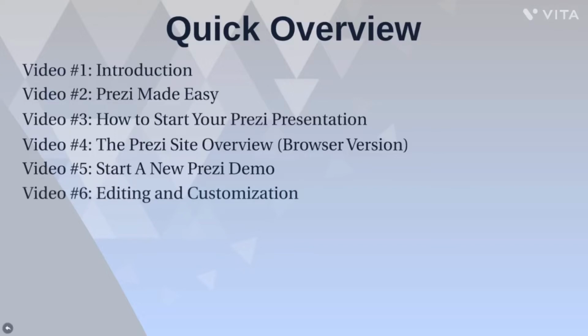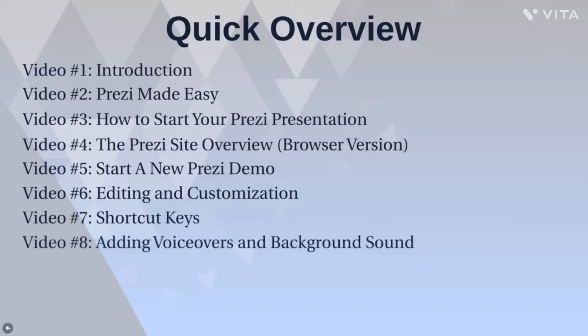And video number 6, we'll talk about editing and customization. How do you make it fit your needs, essentially? And video number 7, we'll talk about shortcut keys. So as you begin to learn Prezi, having access to the shortcut keys definitely can help speed up the whole process. Video number 8, we'll talk about adding voiceovers and background sound. So for those of you who want to take Prezi and essentially turn it into a video, this video will be for you.